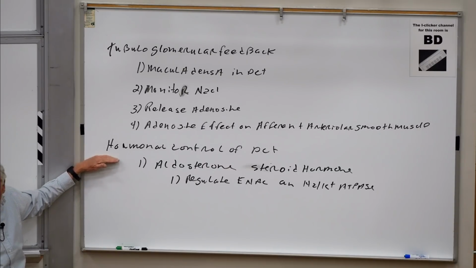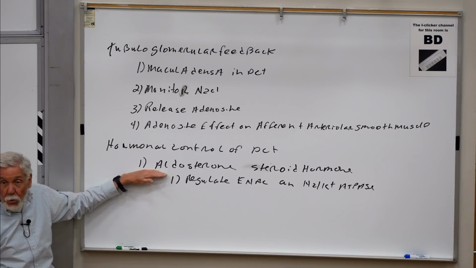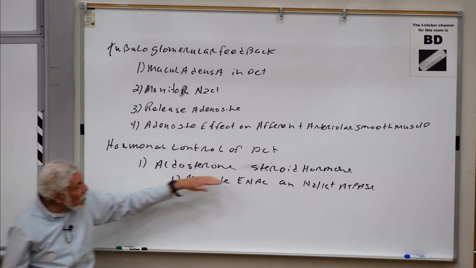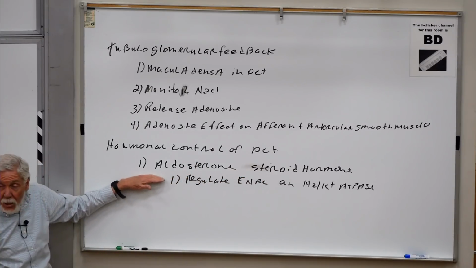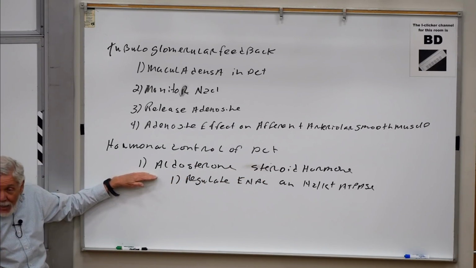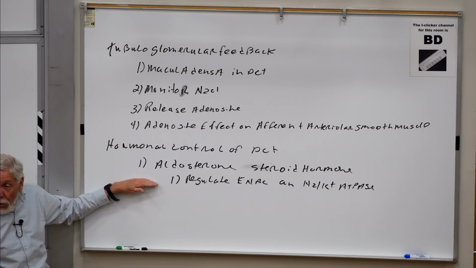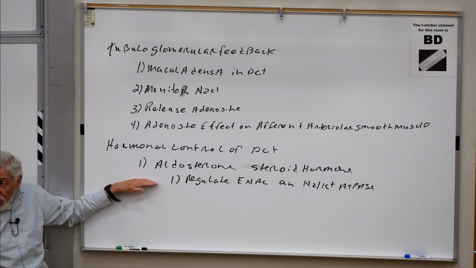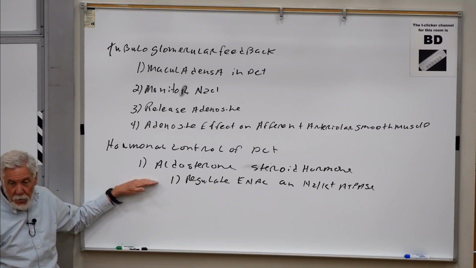This is now going to be under hormonal control. The hormonal control is aldosterone. We've talked about aldosterone. Aldosterone is one of these steroid hormones released from the adrenal cortex. The aldosterone now, as a steroid hormone, binds to cytoplasmic receptors and in turn becomes a transcription factor.